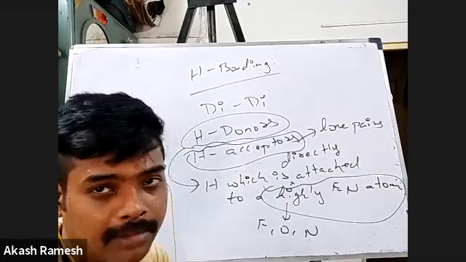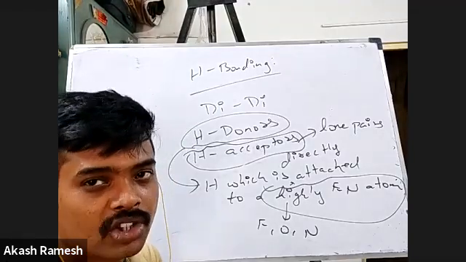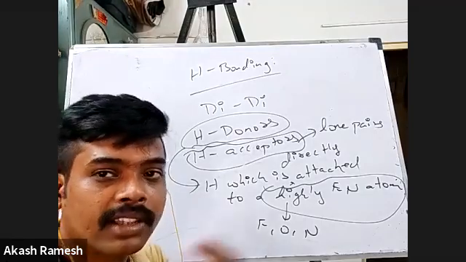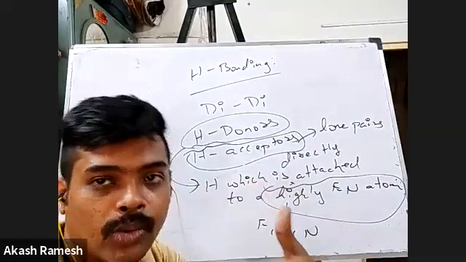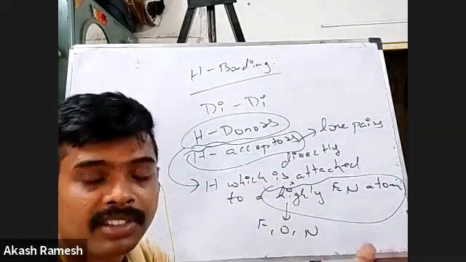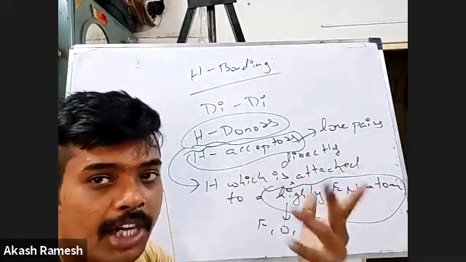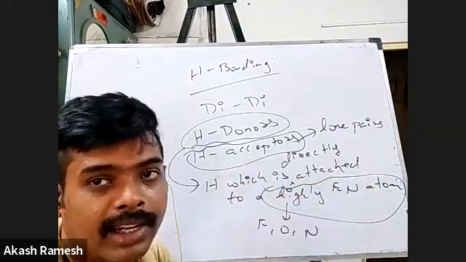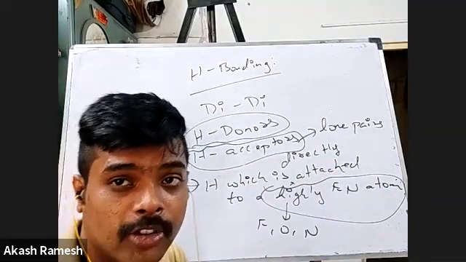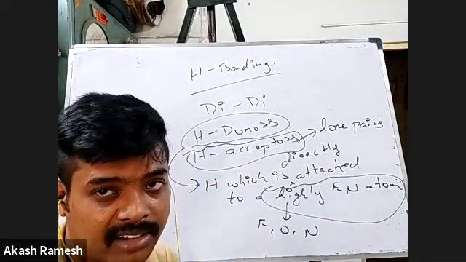Two lone pairs are there on the oxygen atom, isn't it? So obviously there are going to be certain molecules which can act as both hydrogen donor as well as hydrogen acceptor by themselves. Same way with ammonia. In ammonia, there are three NH bonds and one lone pair on nitrogen. So again, definitely it can also act as both hydrogen donor as well as hydrogen acceptor.